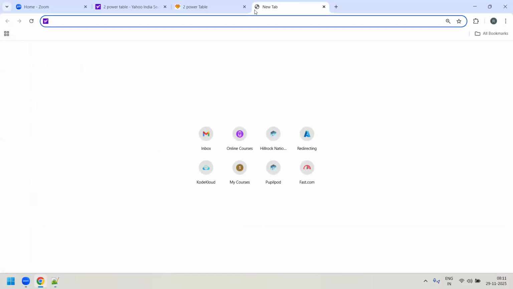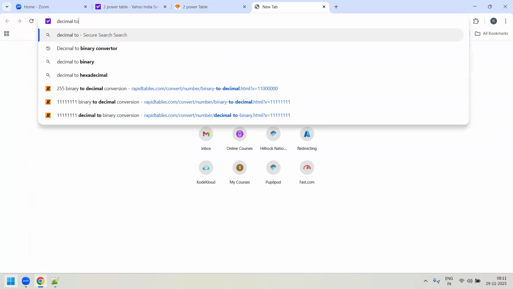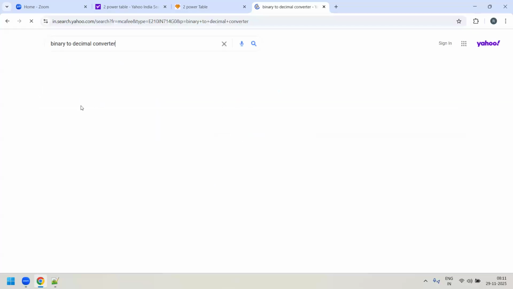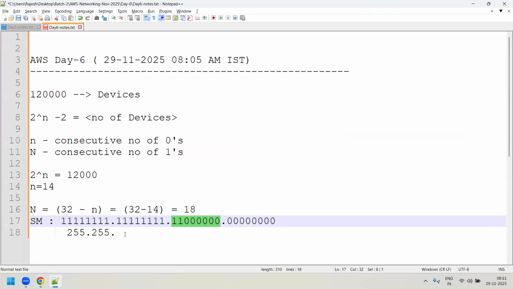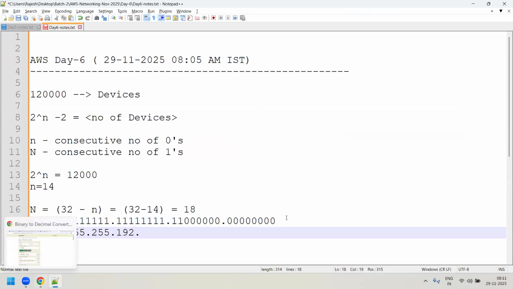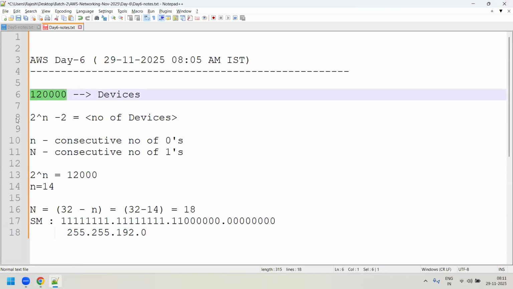Using the binary to decimal converter, you'll get 192, and this will be the entire zero. This will be the subnet mask if you want to connect 12,000 devices in your network. How to choose and all, we will see later.